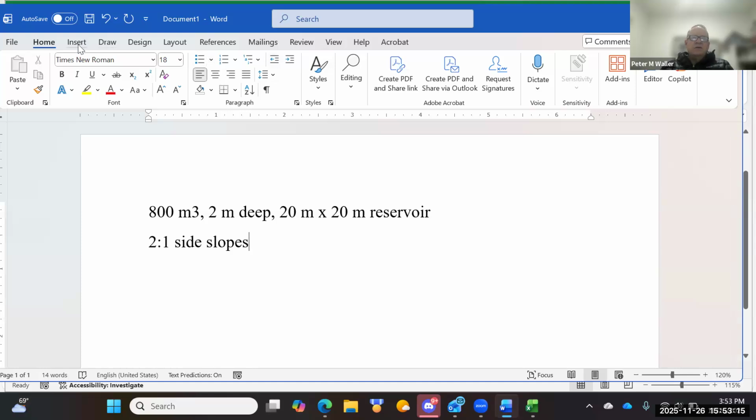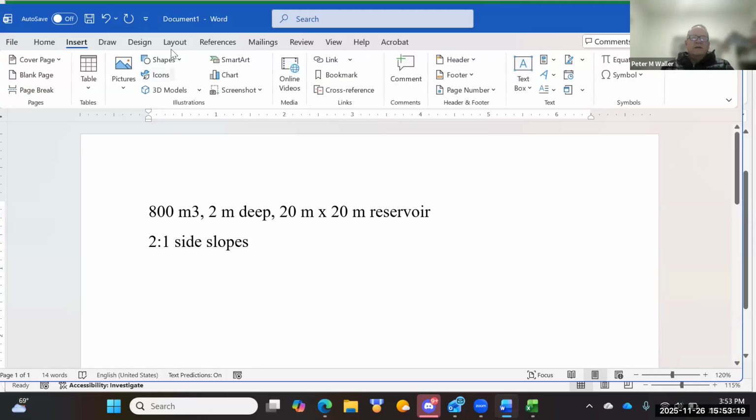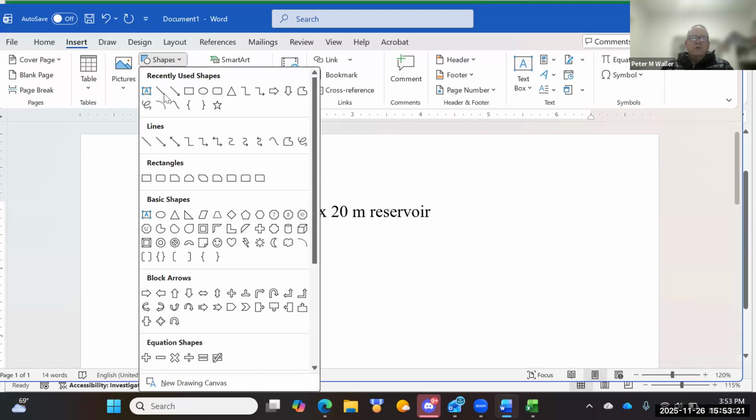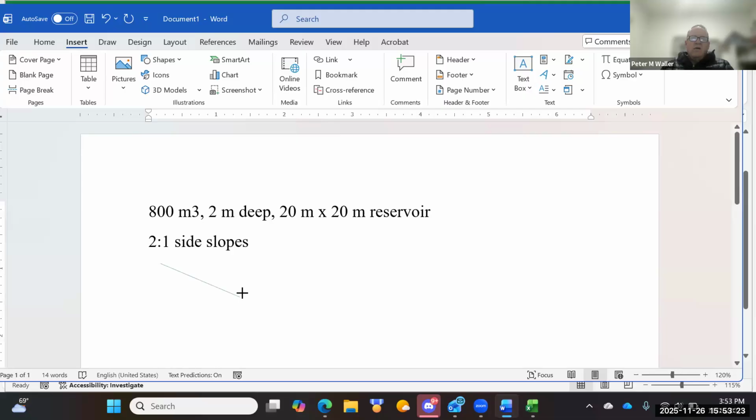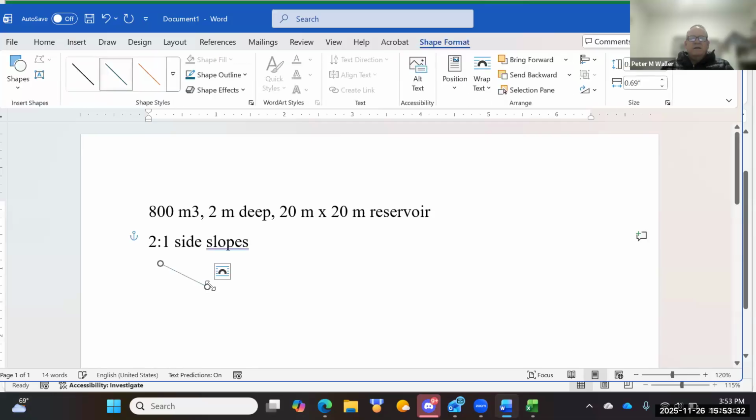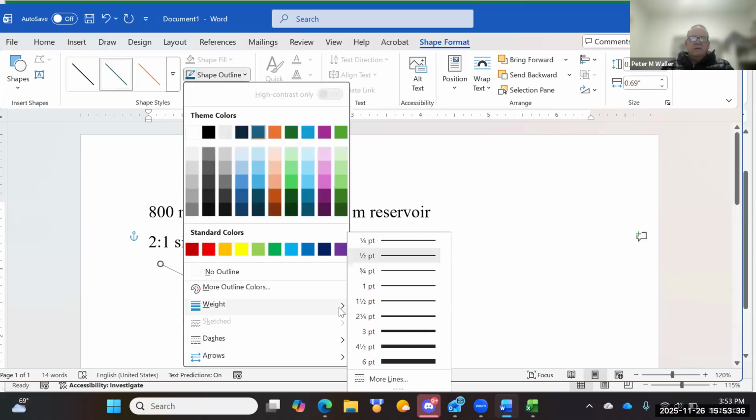And so I'm just going to try to draw it here. So it's going to be sort of flat or flatter than high, if you want to call it that. And I'm going to increase the thickness.